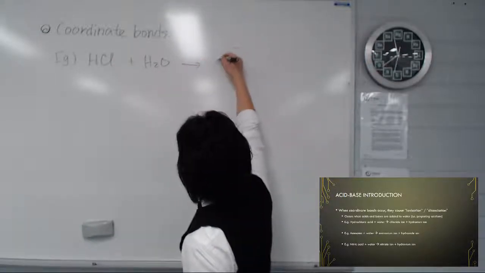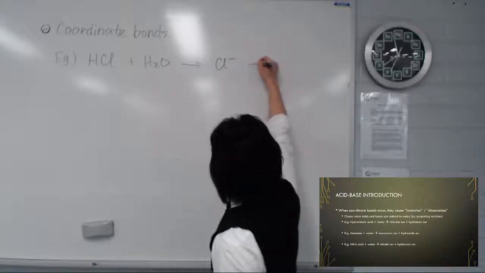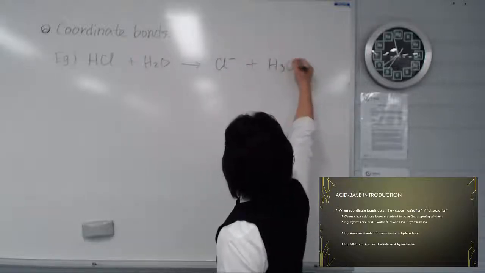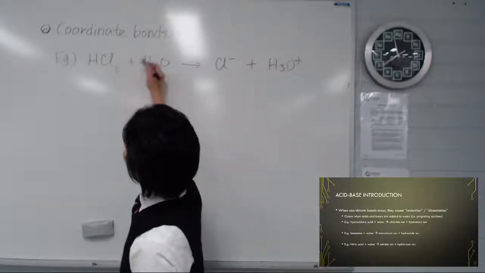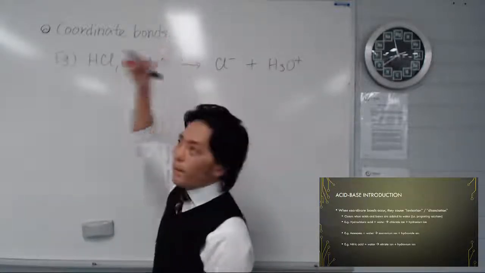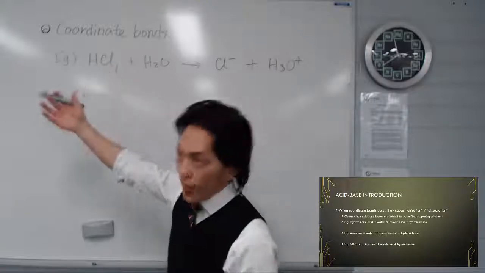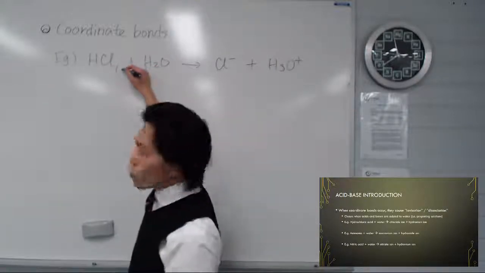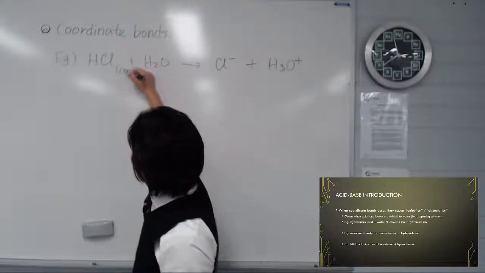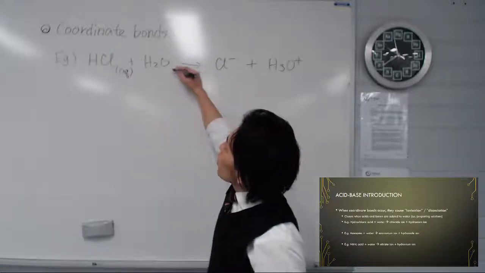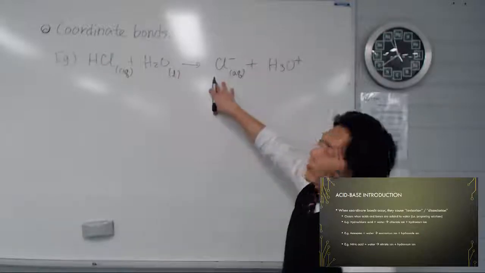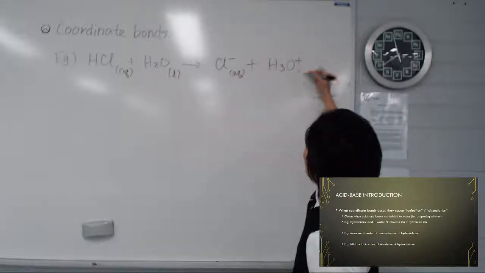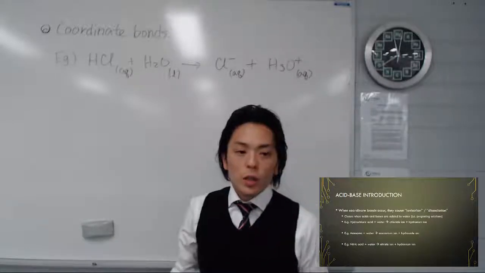So you will have Cl minus and H3O plus. It's very hard to get 100% pure acid because it usually comes in solution. So that solution is added to pure water. Cl minus still dissolved, and H3O plus existing within the solution here.